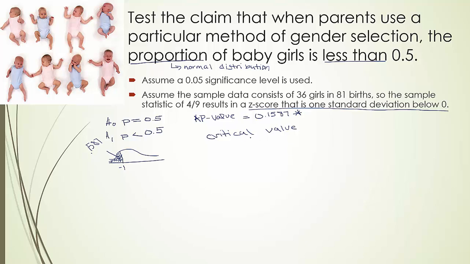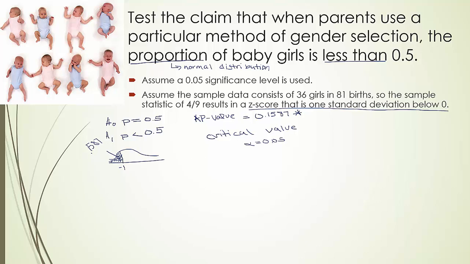So with the critical value method, what we do is we would look up what z-score would give us this significance level. So we know that alpha is equal to 0.05, and so that alpha is a probability or an area. It's a probability of an error.